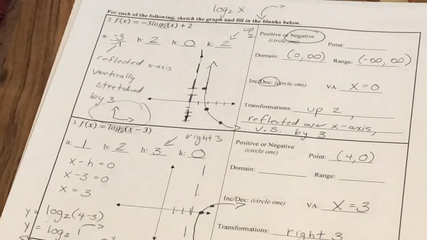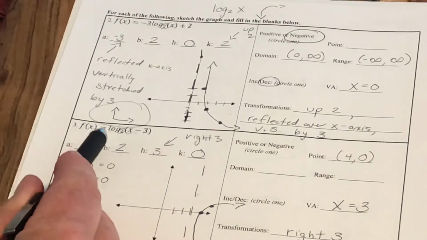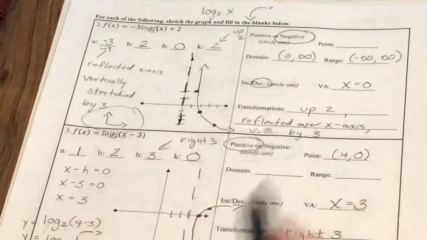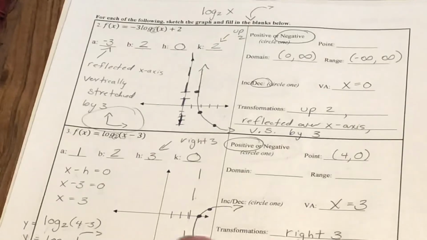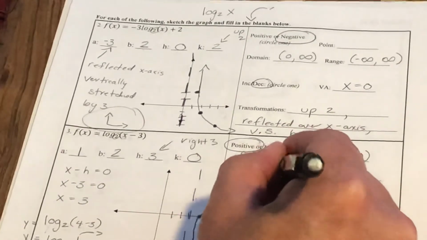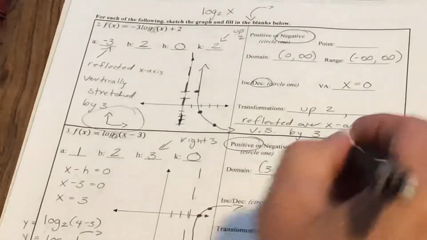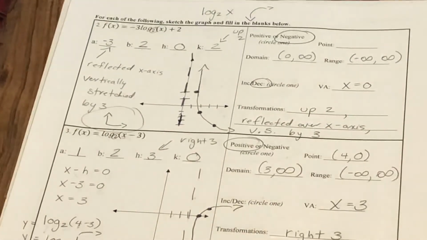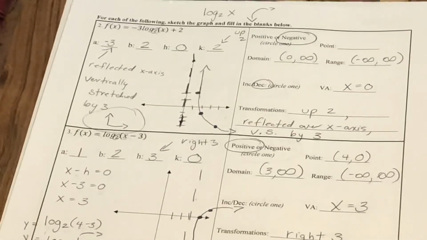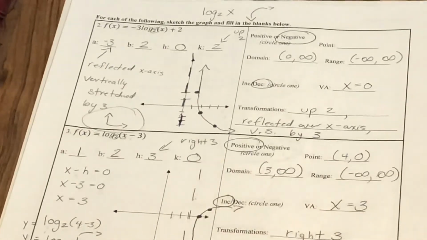So, again, it is positive because there's no negative out front. Our domain now changes from 0 to infinity to 3 to infinity because it slid right. Our range is still negative infinity to infinity. It is increasing from left to right.